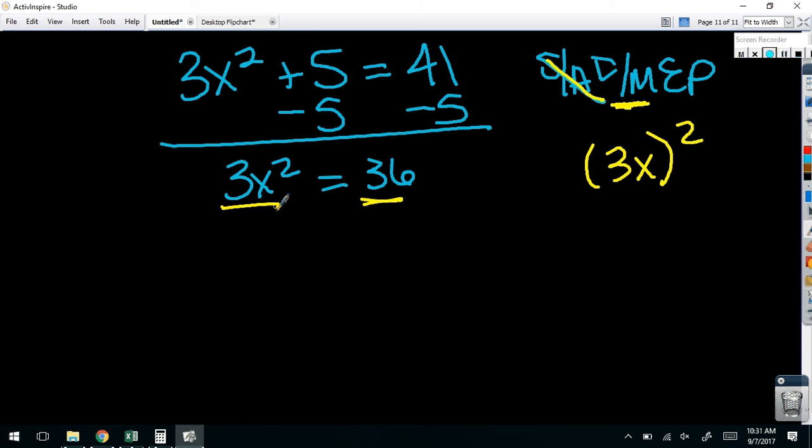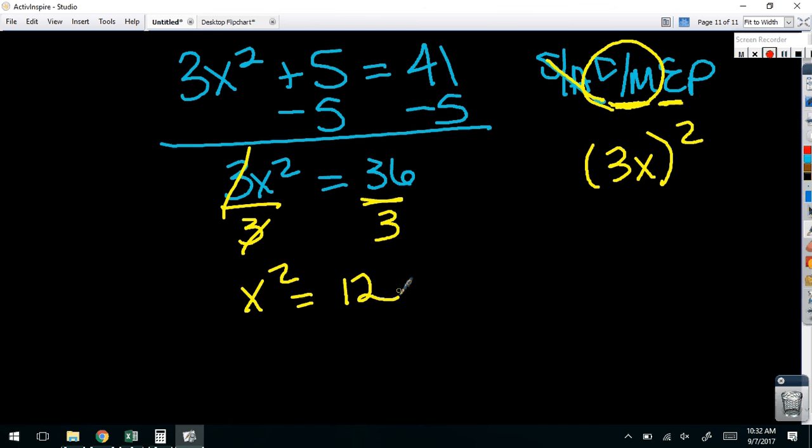Does everybody see why I am dividing first and not taking care of the exponent? You look at the order: multiplication and division comes before the exponent. So I'm going to divide by 3. You've got to simplify it.